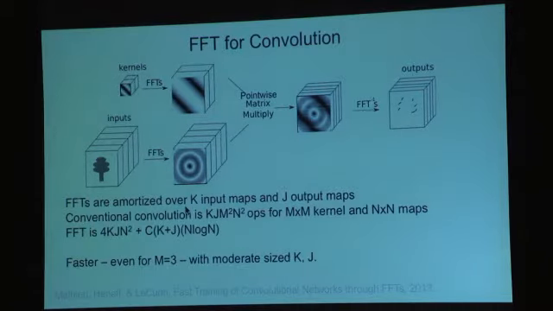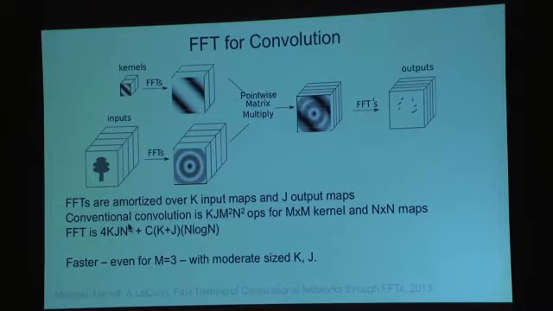So the way to think about this is that if I have k input filters and j output filters, I basically get to do the transformation once and then reuse them k times for the input and j times for the output. So I'm amortizing those FFTs over k input maps and j output maps. So a conventional convolution, I basically do k times j, that's all pairs, input to output maps, times m squared, where m is the size of the convolutional kernel, I'm assuming it's square, times n squared, once for each pixel of the output map.